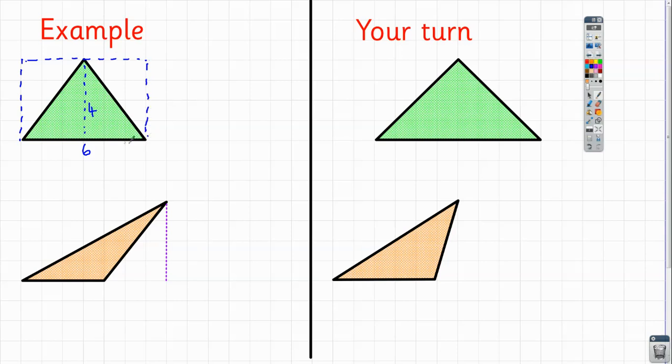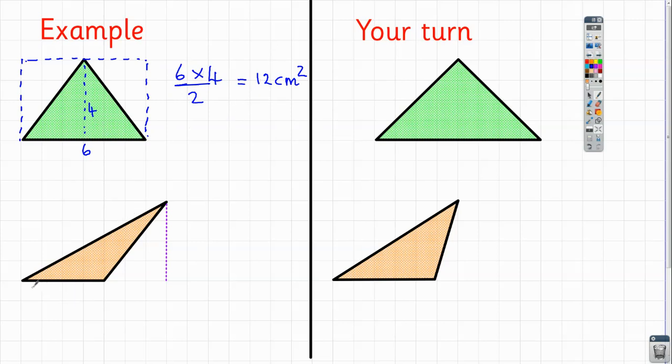Don't have to draw the rectangle, but it's 6 across and 4 tall. So 6 multiplied by 4 is 24. We've got half of that area, so divide it by 2, and that gives us 12 square centimetres. Base multiplied by the perpendicular height and divided by 2.